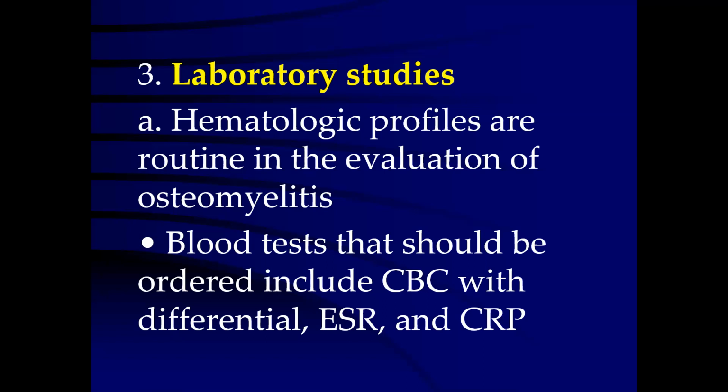These studies we routinely ask for. What is the white blood count? How much is the ESR? And what about the CRP? Has the CRP declined? Is the ESR still elevated? All these are questions we ask with regard to the lab results.